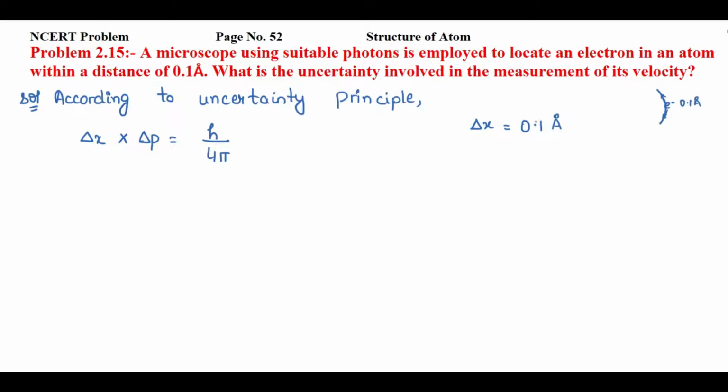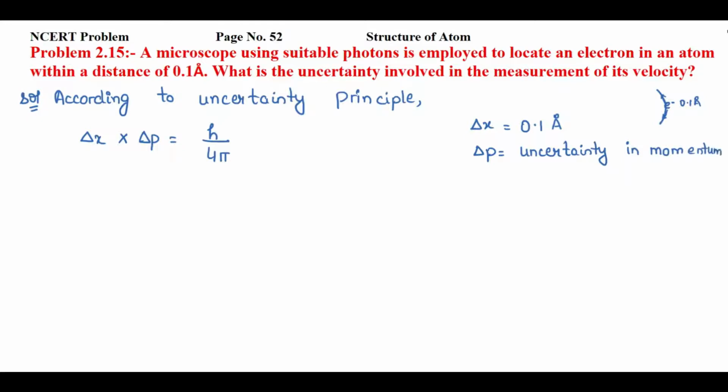And we have to find the value of delta V. That means how much accuracy is observed in the velocity. So in this question, this delta P is uncertainty in momentum, right?